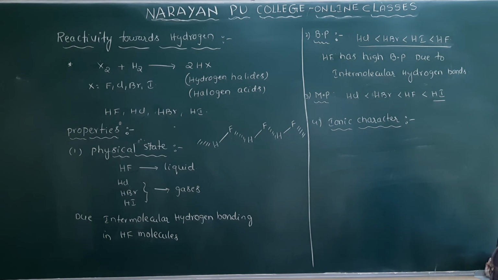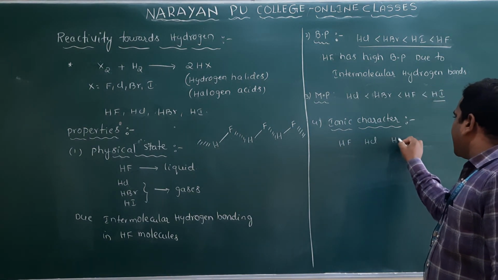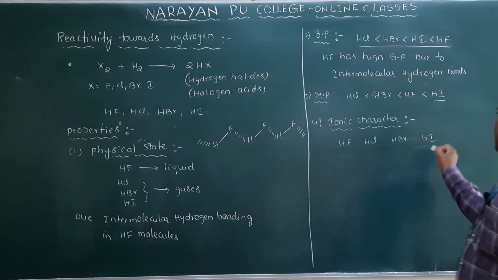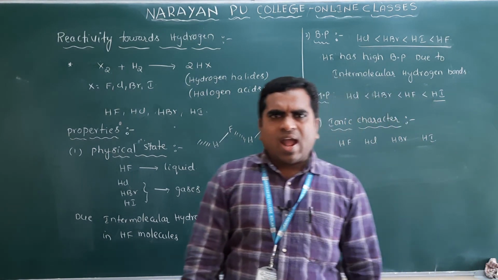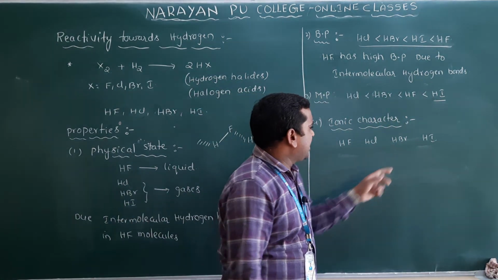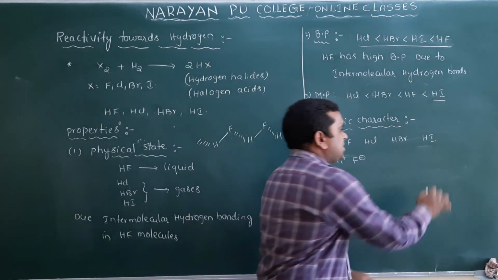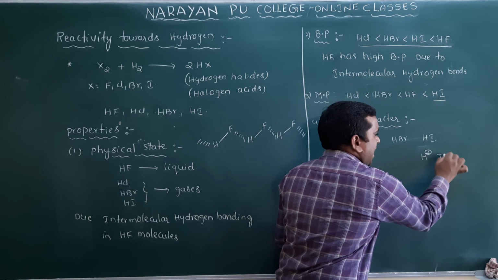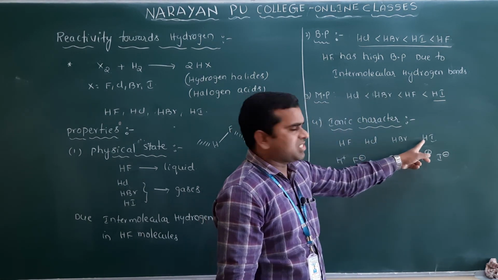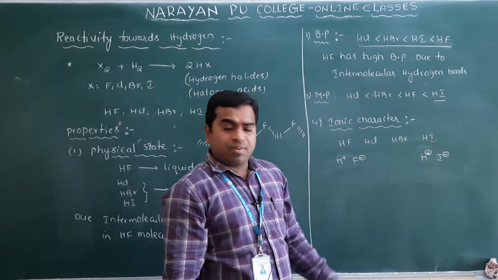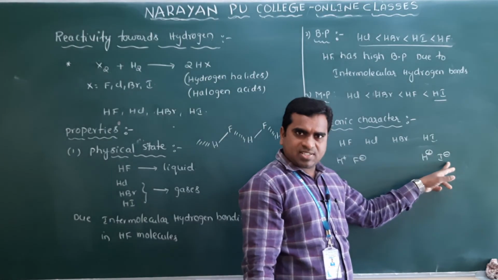So if you compare the ionic character of HF, HCl, HBr and the last one, HI, which one is more ionic? If HF dissociates, H plus and F minus, and HI dissociates, H plus and I minus. In all cases the proton, the cation, is common: H plus. If you see the anion, it is F minus, Cl minus, Br minus and I minus.